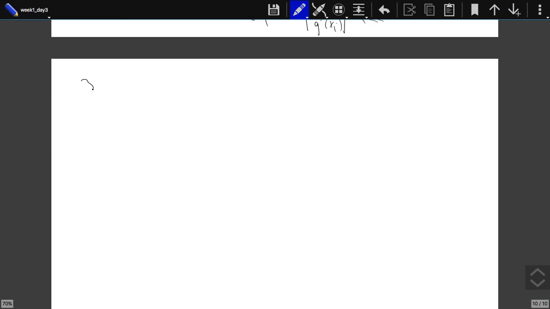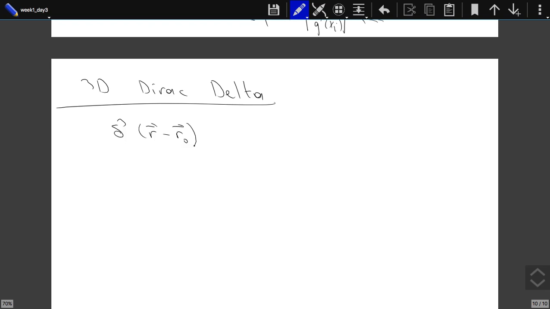Let's also consider the three-dimensional Dirac delta now. Well, the definition is basically the same. This is equal to 0 if r is not equal to 0.